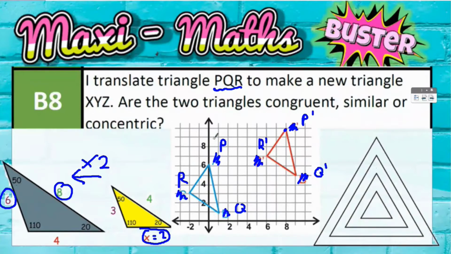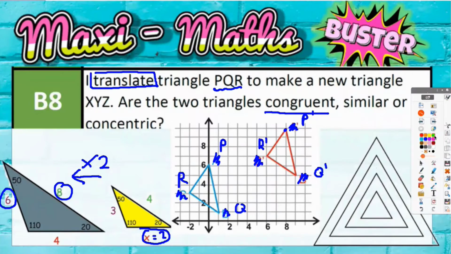Okay, so we need to understand what's happening with a translated triangle. Congruent, which is the only word we haven't talked about yet, basically means the triangle is exactly the same triangle. It can be rotated, it can be flipped over, it can be translated, but it can't be any bigger.